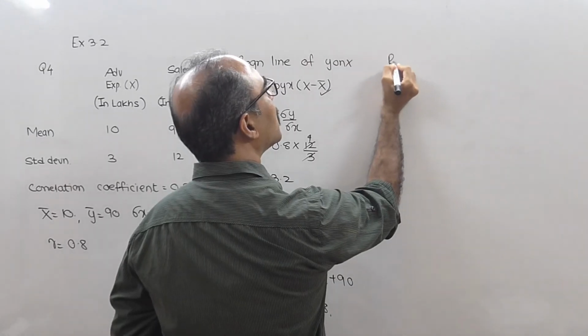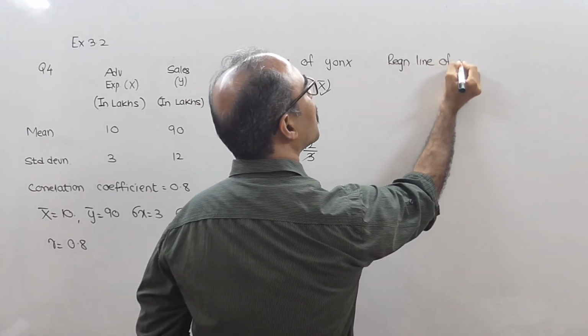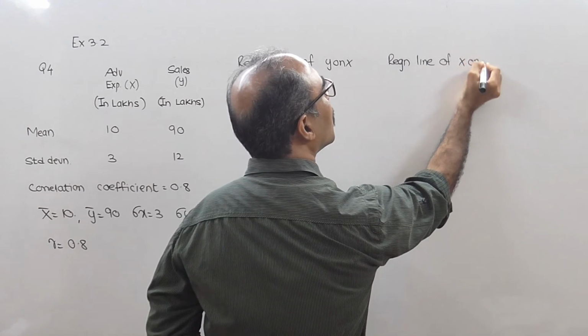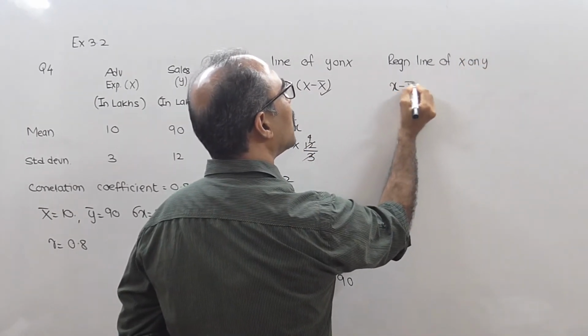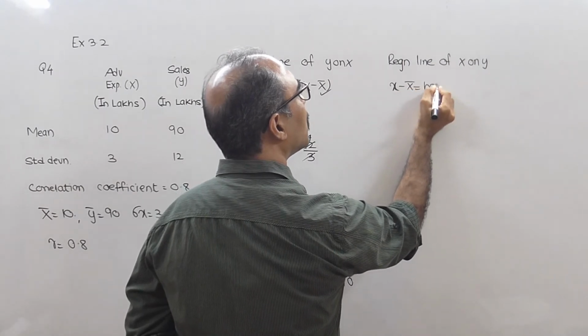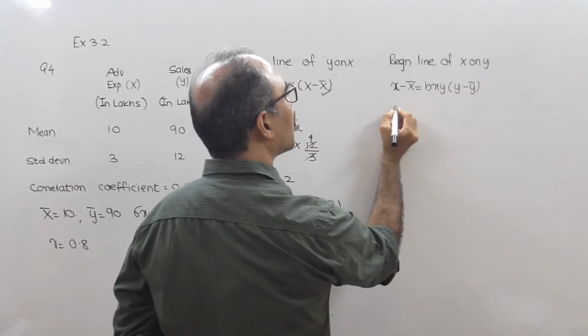Let's find the regression line of x on y, which is defined as x minus x bar equals b x on y into y minus y bar.